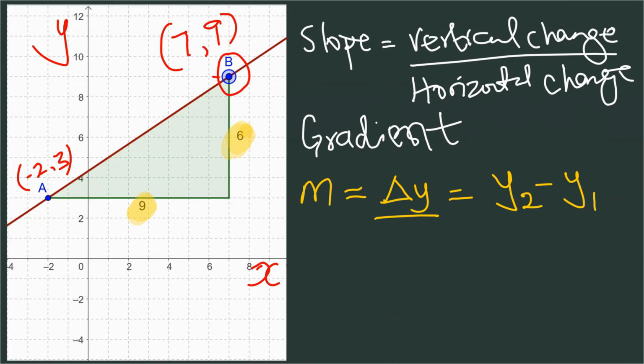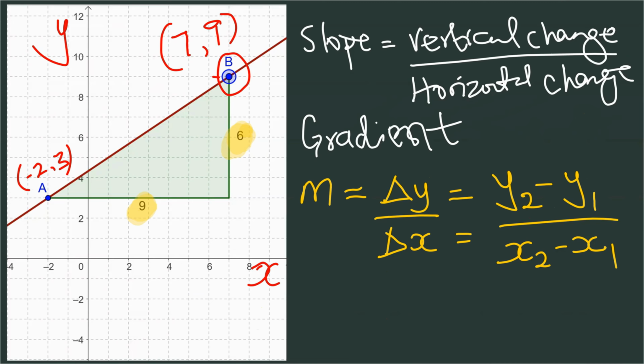Then we have division, change in x. And what have we found the change in x to be? For the change in x, we subtract x1 from x2: x2 minus x1.